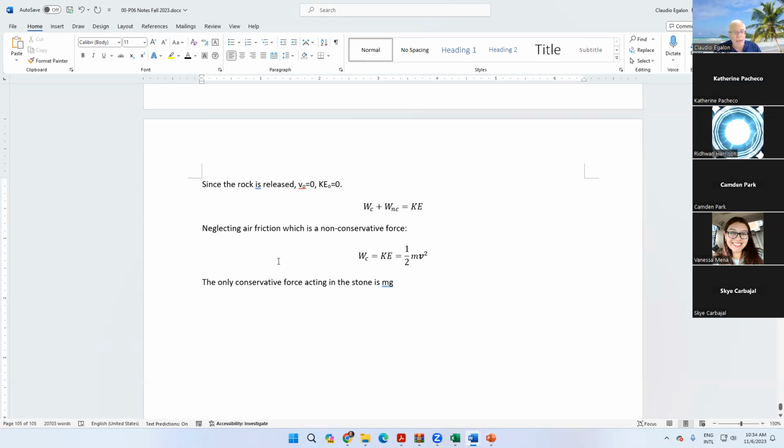And let's not forget that this term on the left side is in reality minus the change in potential energy, which, by the way, is final potential energy minus initial potential energy.